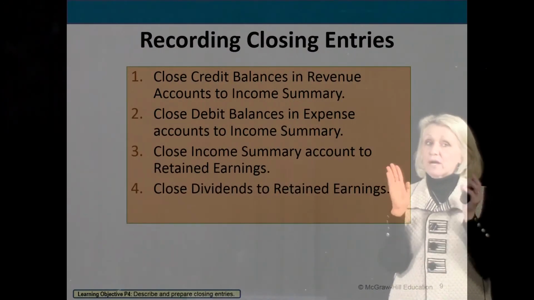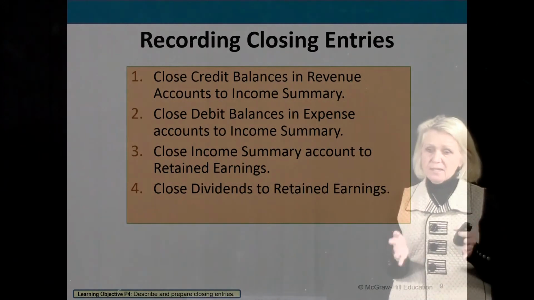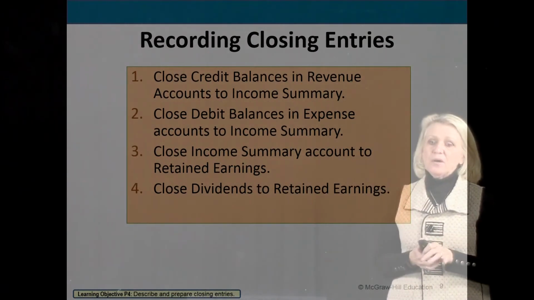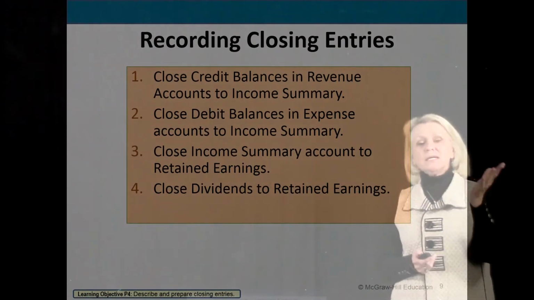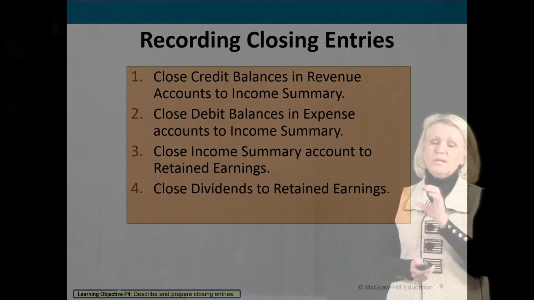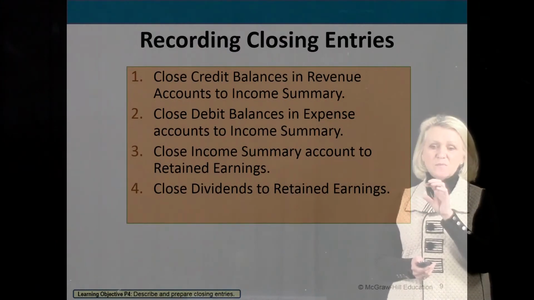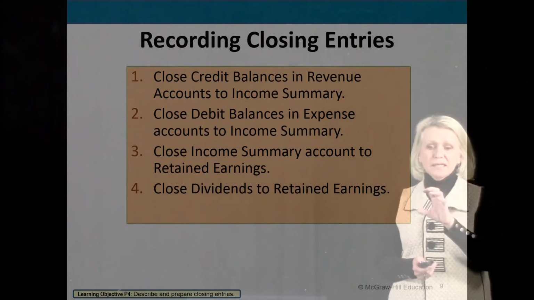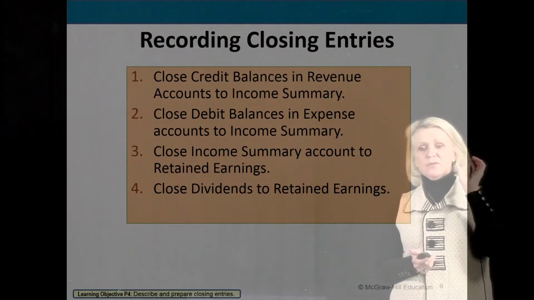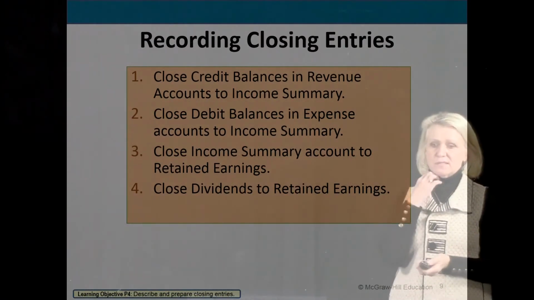So we've got this ledger account, a T account called income summary, and we close credit balances in revenue accounts into income summary. We close debit balances in expense accounts into income summary. We close income summary into retained earnings, and we close dividends into retained earnings.